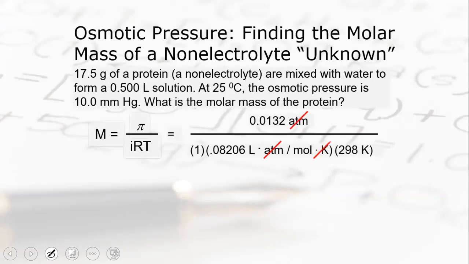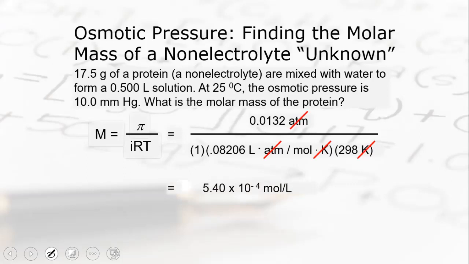All right, so atmospheres cancel out, Kelvin cancels out. What I have in the bottom there is liters over moles, which flips to give me moles per liter, which is what I want. Let's do the calculations. The calculator says 5.40 times 10 to the negative 4 moles per liter.